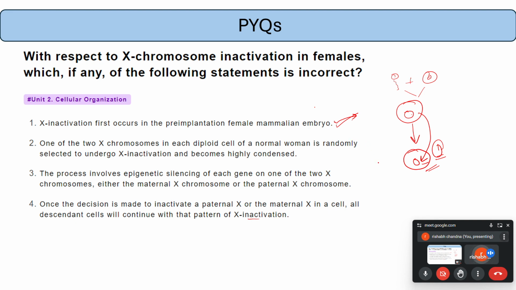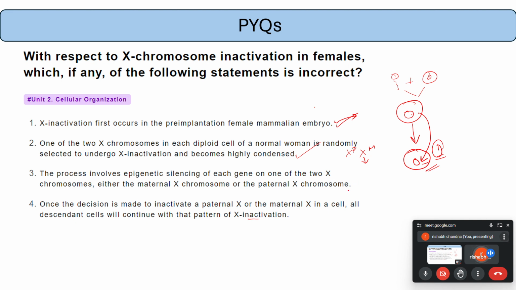Then, one of the two X chromosomes in each diploid cell of a normal woman is randomly selected to undergo X inactivation and becomes highly condensed. Yes, as we discussed just now, either of the X chromosomes, this is paternal and this is maternal, is inactivated and becomes highly condensed because of the Xist RNA.